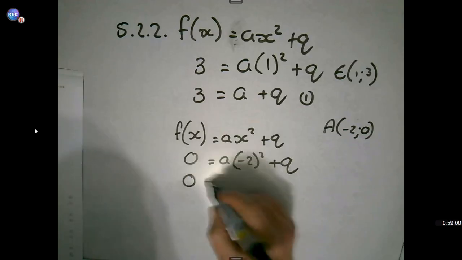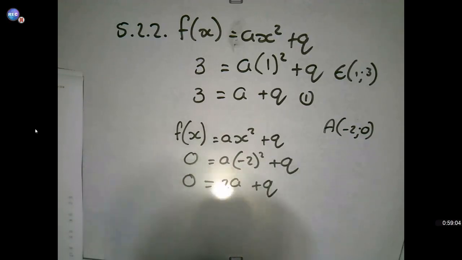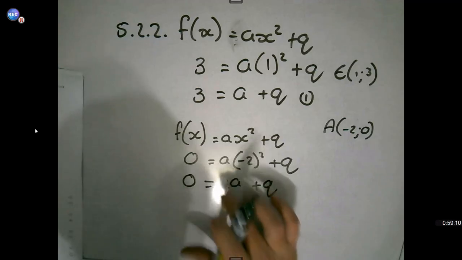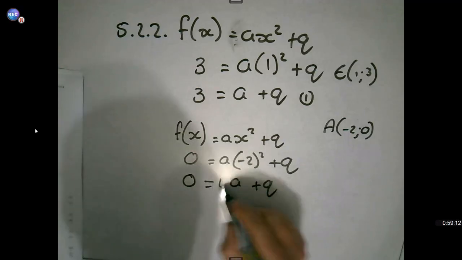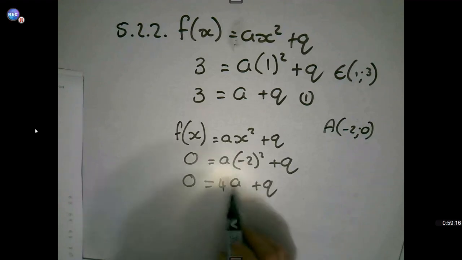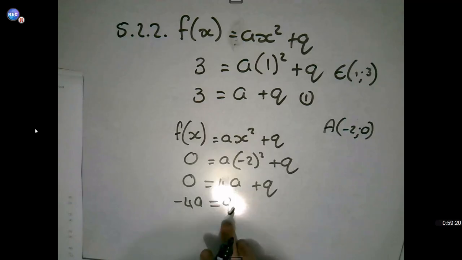If you solve it, it's 0, and then it's 2a plus q over there. Oh, sorry, it's not 2, it's 4, because we have to square it, so 4. What you do then is you carry the 4a over, which becomes negative 4a, and that's equal to q. So now you've got a value for q in this case.